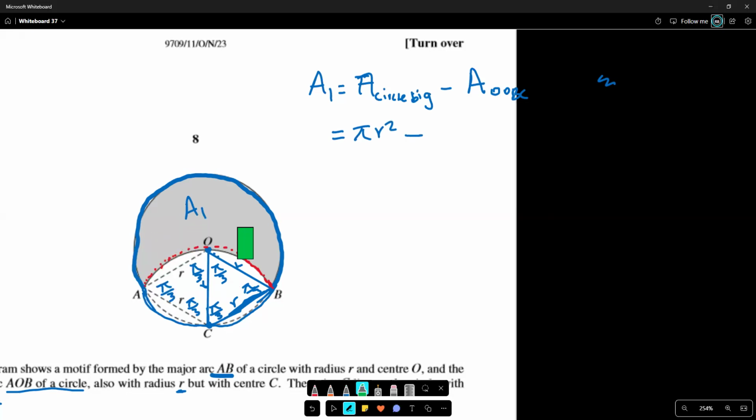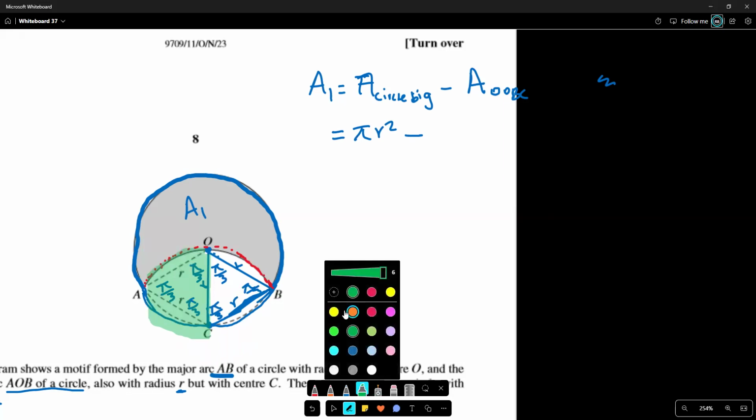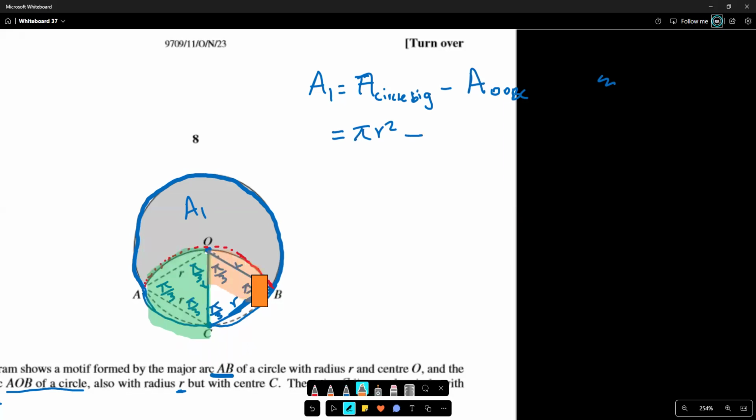since this part here is exactly the same as that part, it means this part here, you see this part that I'm shading, is going to be exactly the same as this part here. They're exactly the same. Right. So I can basically work with this part.